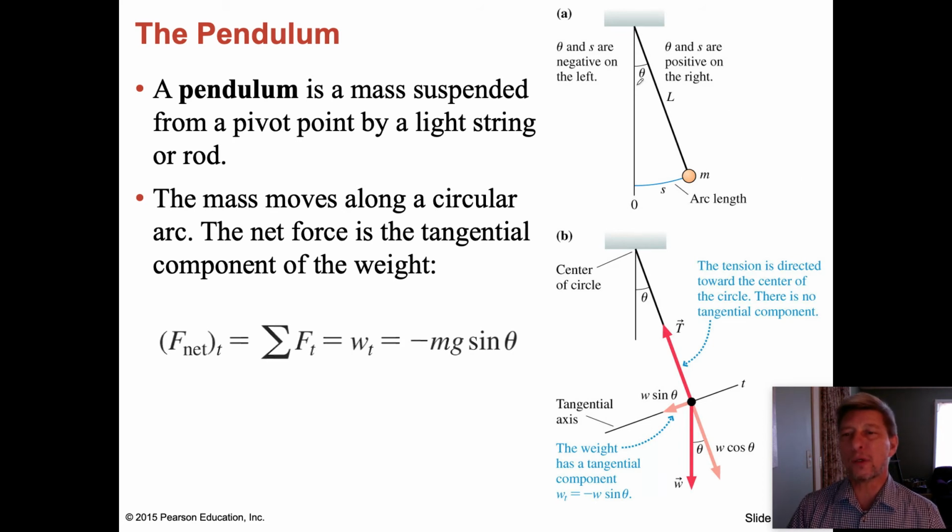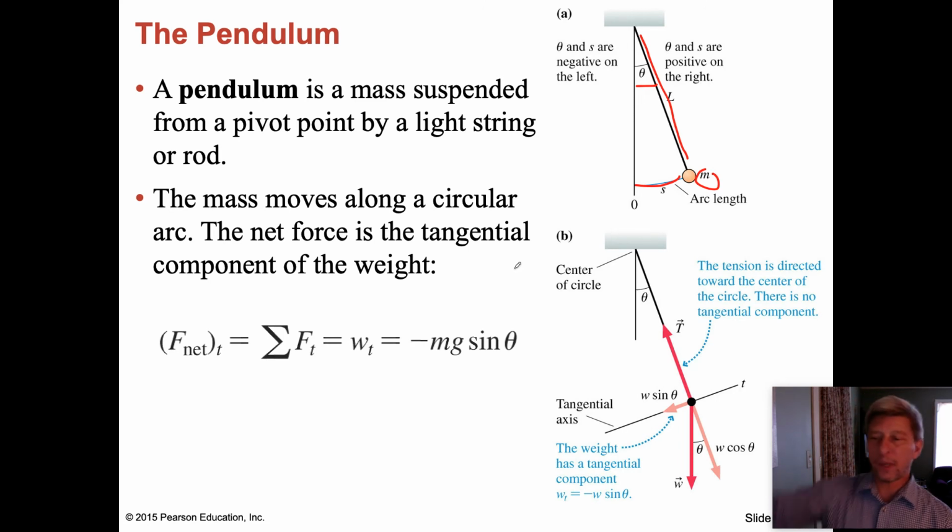So if we were to measure the angle of displacement here and call it theta, the length of the pendulum is L, the mass of the bob of the pendulum is M, and the arc length is S. Well, for very small angles, L and S form a right triangle. And so we can use the laws of trigonometry in order to analyze this.